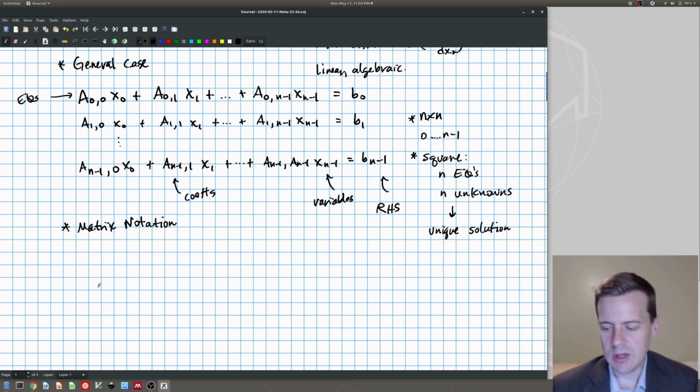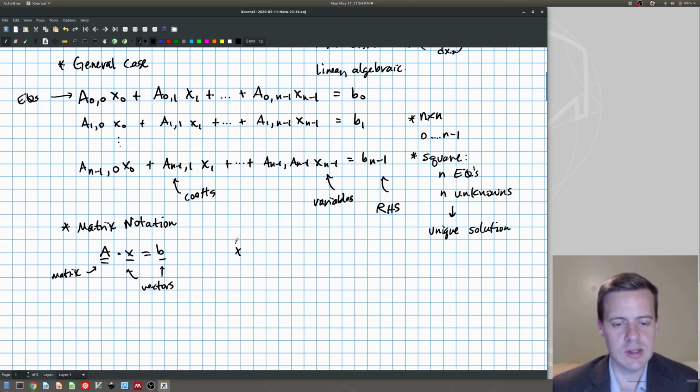All right, so in matrix notation, recall I have A times X equals B. Now, what I have here, A, this is the matrix. X and B, these are both vectors. For me, I put 2 lines underneath a matrix, so that tells me it's 2-dimensional, and I put 1 line underneath a vector.